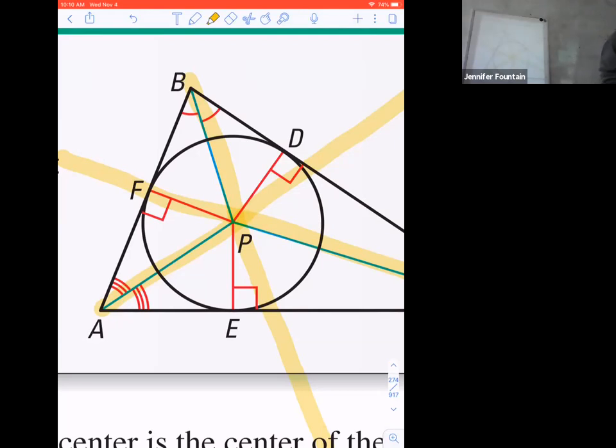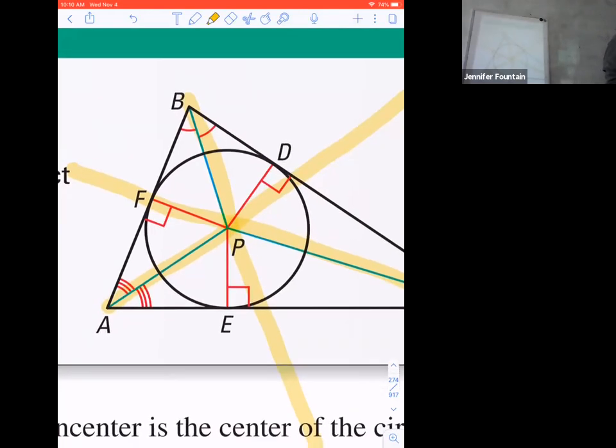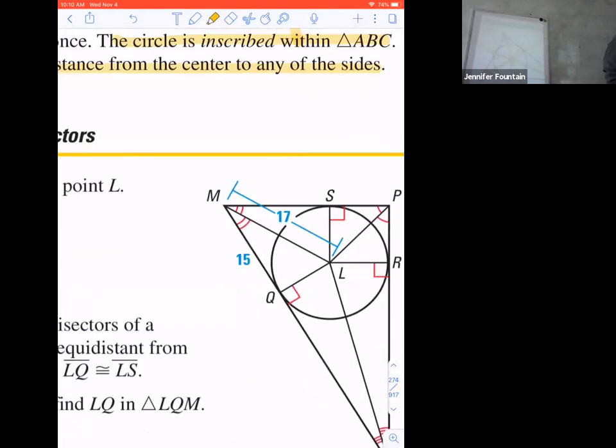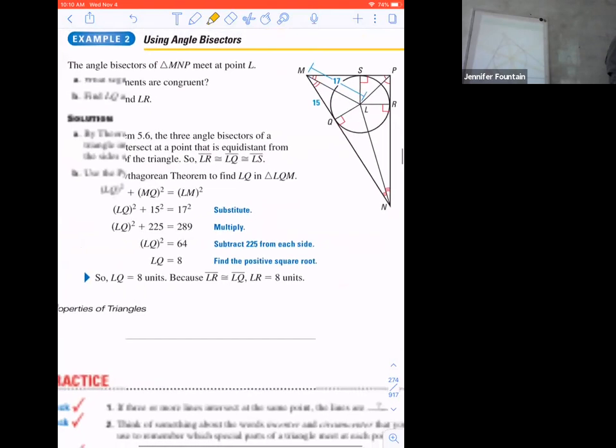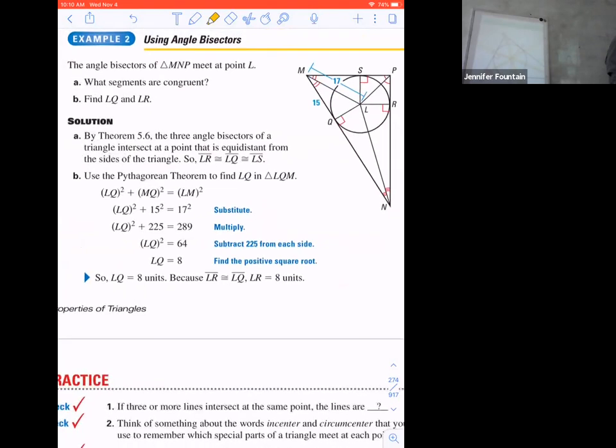All right, we've got about 5 more minutes. Let's go ahead and take a look at an example using angle bisectors. Now we're using triangle MNP, and the angle bisectors meet at point L. What segments are congruent?